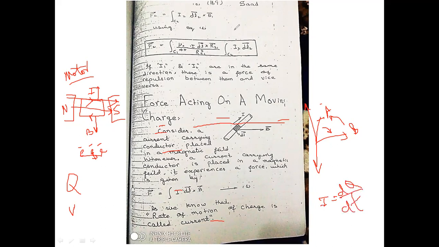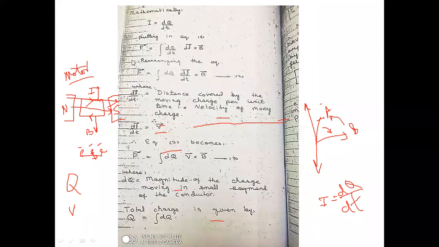So putting the value of I in equation number 1, we introduce q: F is equal to dq over dt, dl cross B.